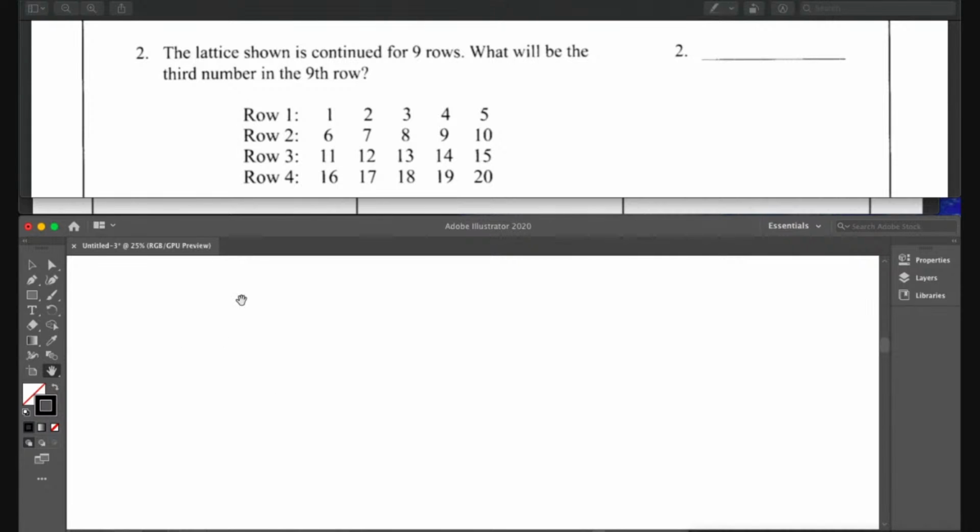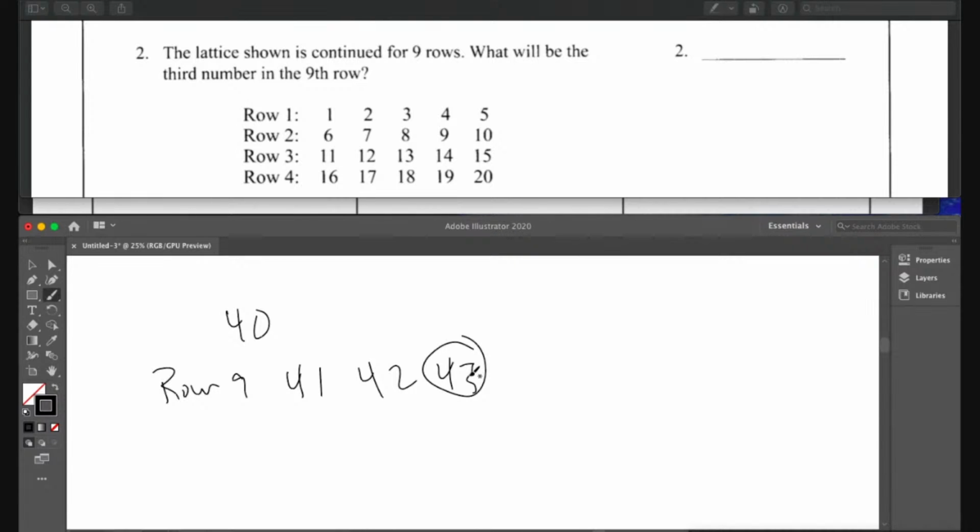If each row has 5 numbers, then after the 8th row, 40 numbers are already going to be written down, right? So that means my starting number on row 9 is going to be 41. Then I can just count up to find the third number in the 9th row, which is just going to be 43.